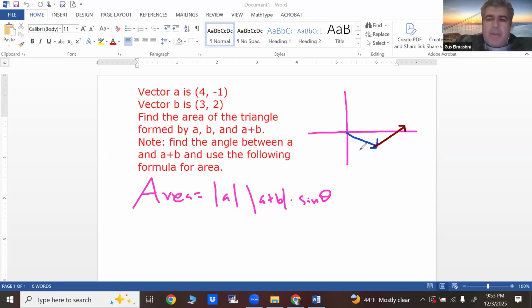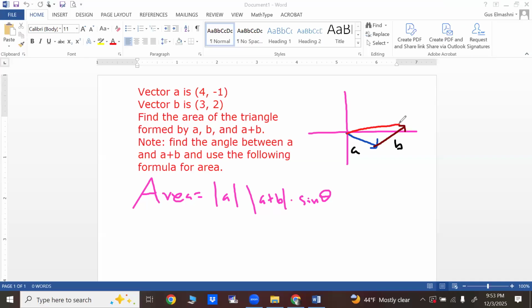So here are your two vectors, right? This is the twist you're talking about, right? Correct.